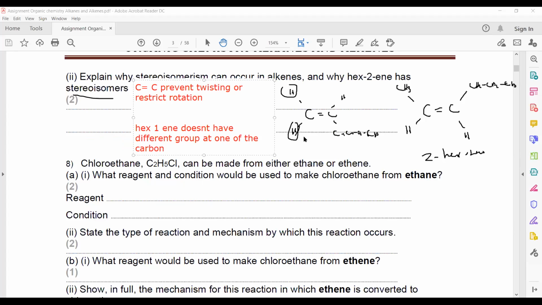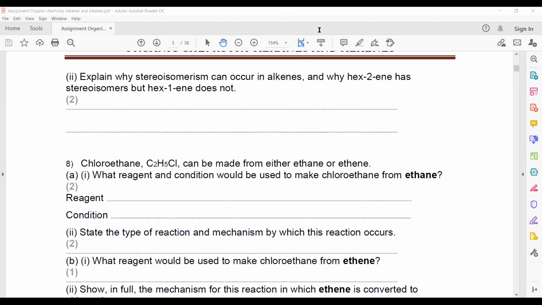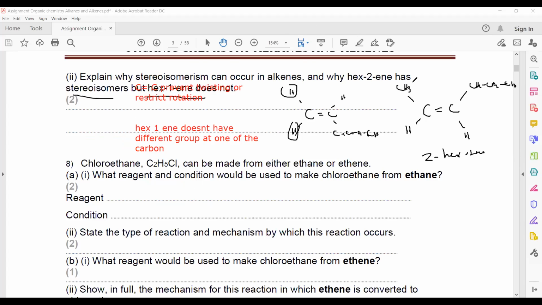Trans is also possible. We already drew the trans. They are not saying cis or trans. The basic reason why you don't use the term trans here is because the groups attached here are different types of groups. So in that case you don't say cis. I will not say it is cis-hex-2-ene.